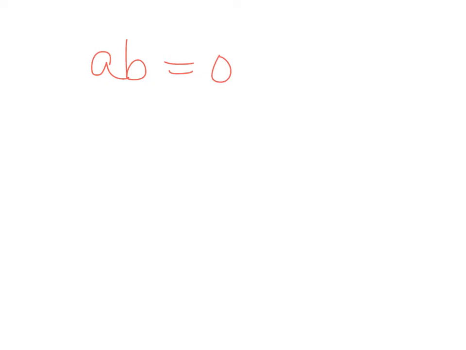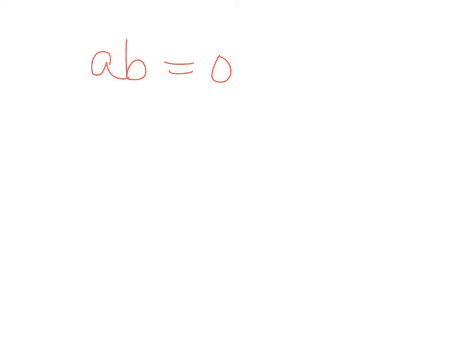So I just wrote something funny on the screen: A times B equals 0. If we were in the classroom right now, I would ask, if A times B equals 0, what does that tell you? One of you would have said that either A or B has to be 0, because of the zero property of multiplication.